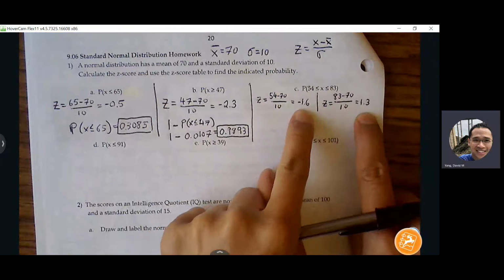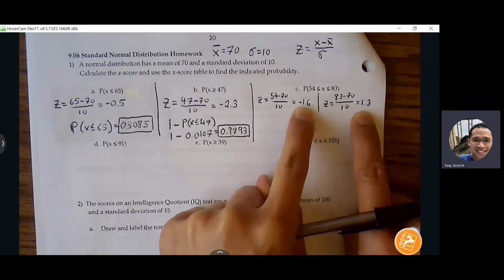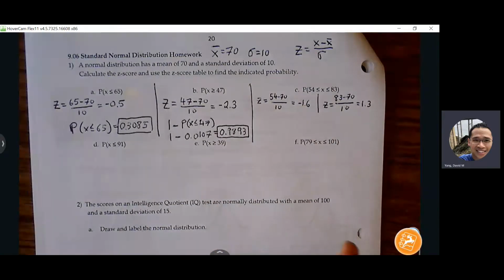Make sure that you don't just subtract these numbers, right? We're not ready yet. We got to find the decimals first from the table, and then subtract the decimals from the table.